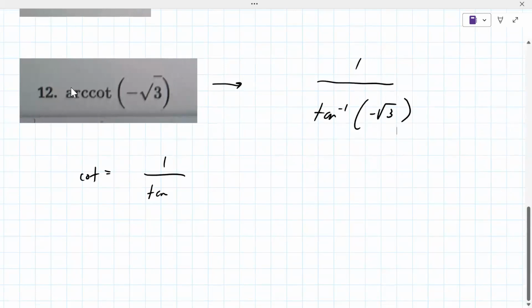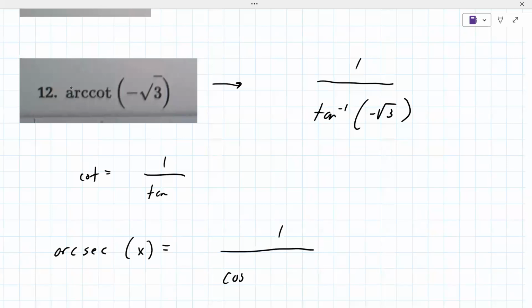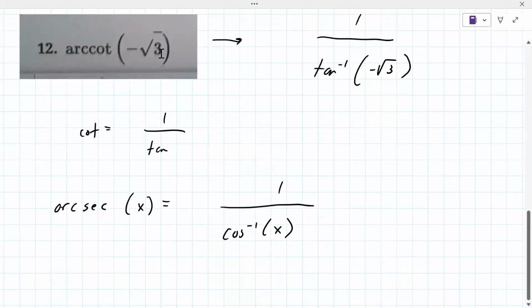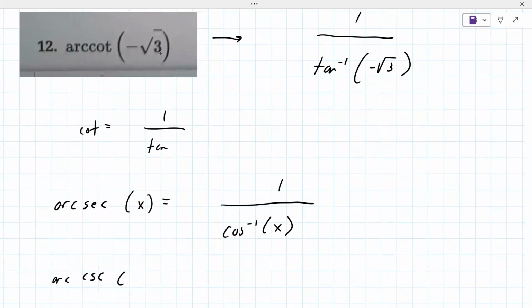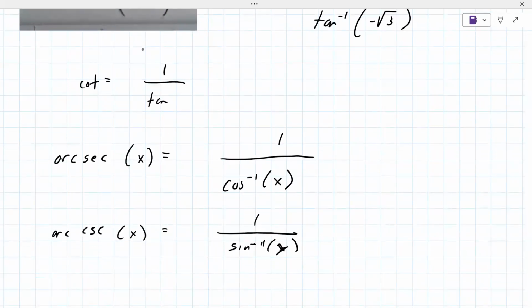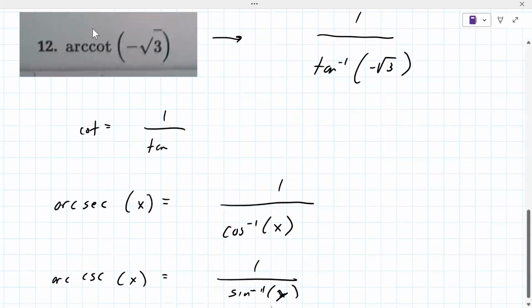So you've got arc secant, which is weird because you probably don't get that very often, but it would be 1 over the cosine inverse of x, and then the arc cosecant is 1 over the sine inverse of x, like that. So if you get one of those, your calculator won't have arc secant, arc cosecant, or arc cotangent. You'll have to do the reciprocal of it. Any questions on that? Nope.